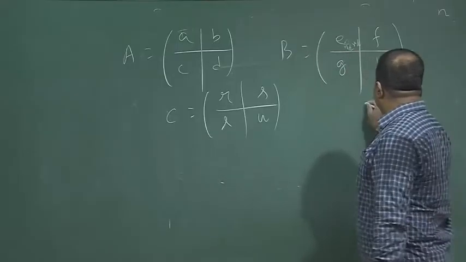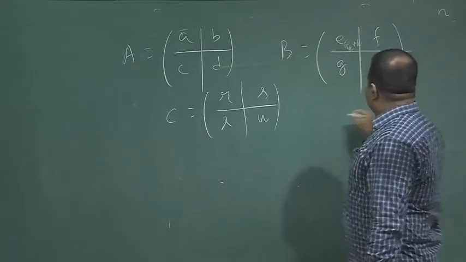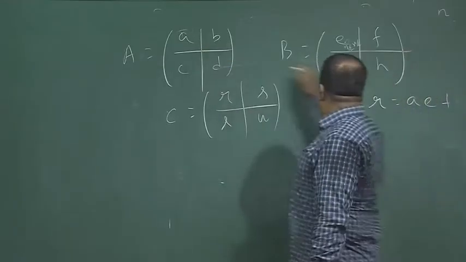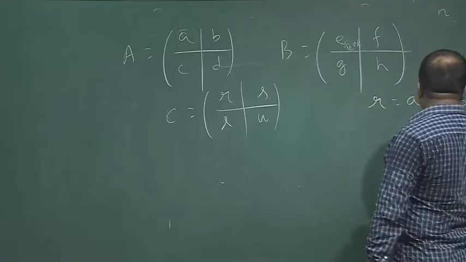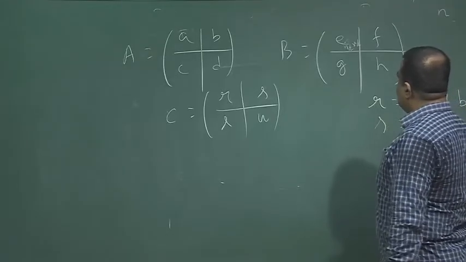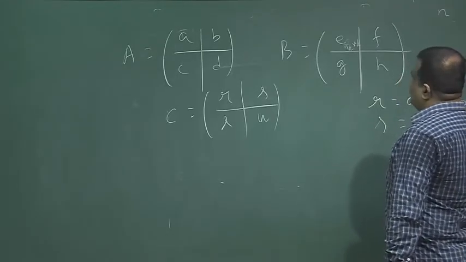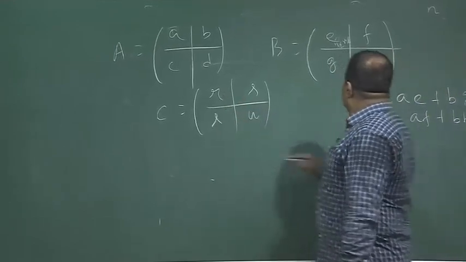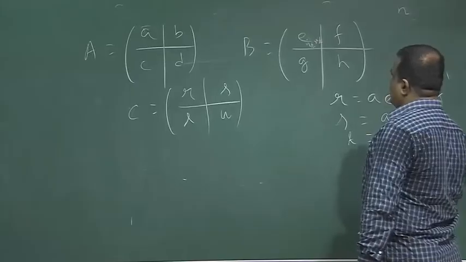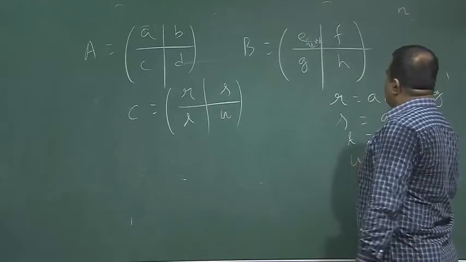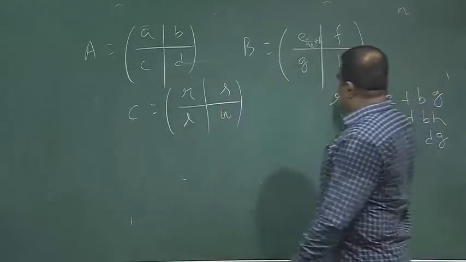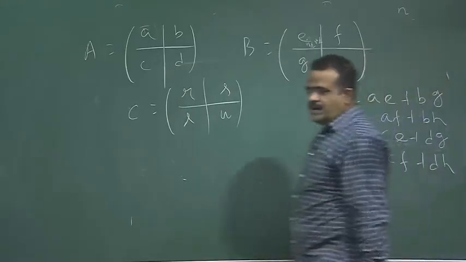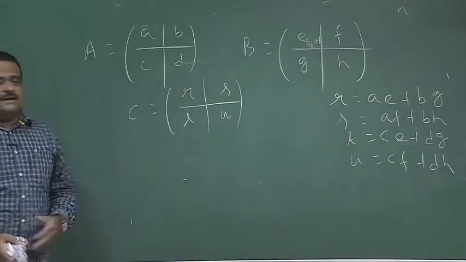Basically R is AE plus BG. S is AF plus BH. T is CE plus DG, and U is CF plus DH. So this is the divide step.